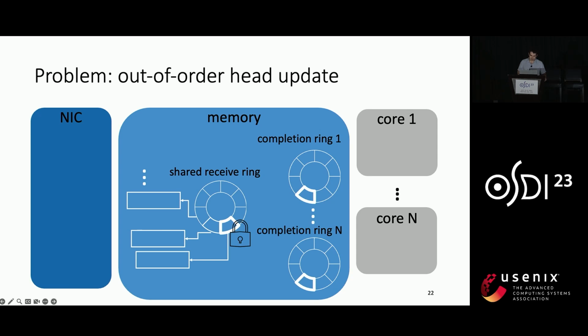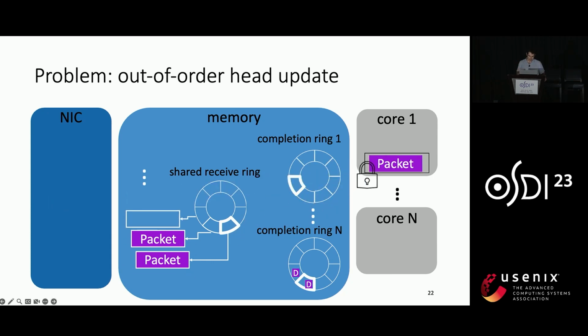But since completion rings enable cores to process packets in parallel, packets may be processed out of ring order. And sometimes a core cannot advance the head even though it reposted its buffers. For example, when packets arrive from the wire and core 1 makes progress while core n is busy with other tasks, then core 1 will try to advance the head before core n read its packets, which cannot be allowed as it will let the NIC override packets of core n.